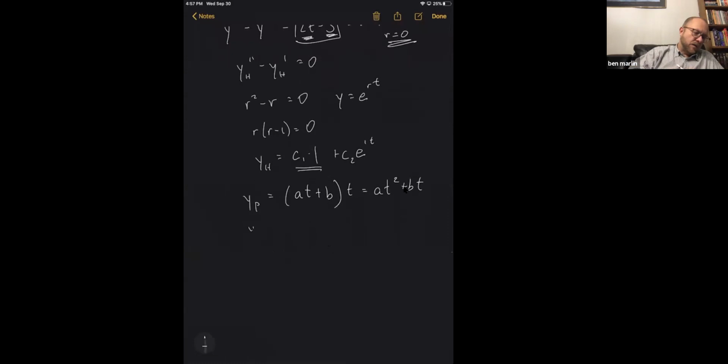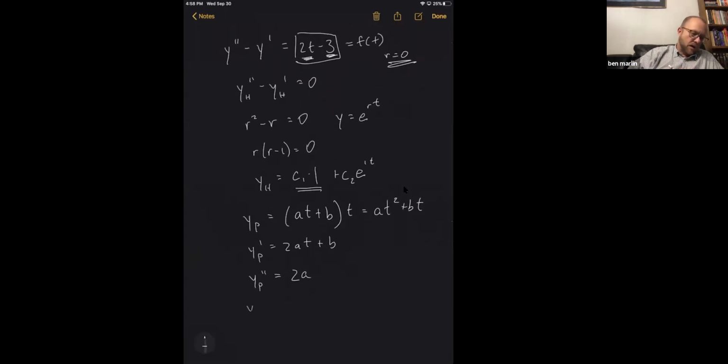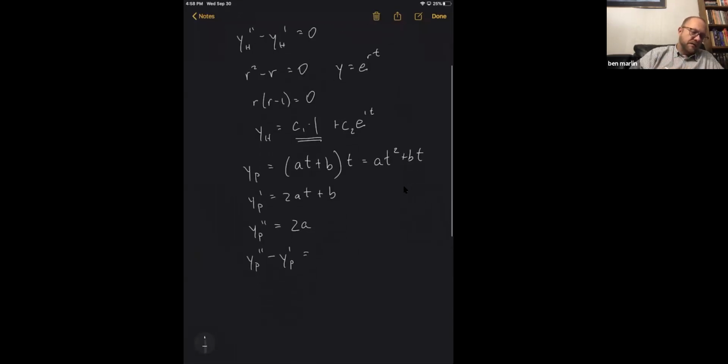But we can quickly figure out yp prime is 2at plus b, yp double prime is just 2a, and so our yp double prime minus yp prime, we're just plugging in here 2a minus 2at plus b, and that's going to be then minus 2at plus 2a minus b.